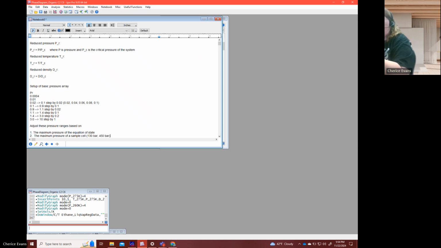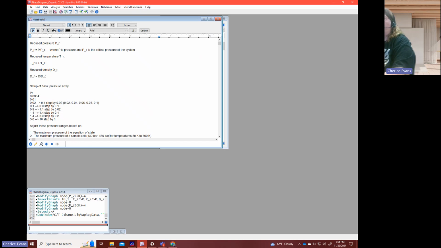So the 450 bar is good for temperatures between, I think the lowest it can go is 30 Kelvin to 800 Kelvin.